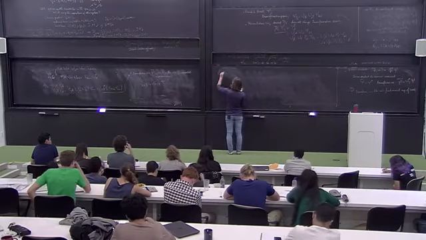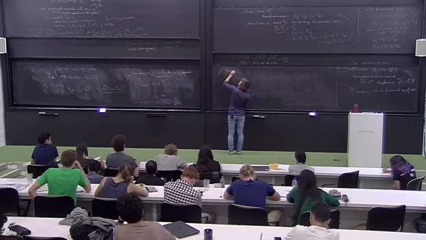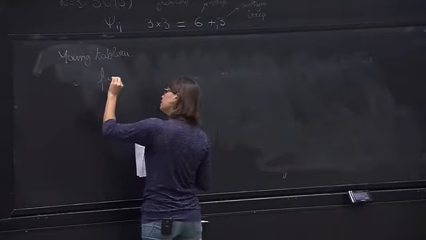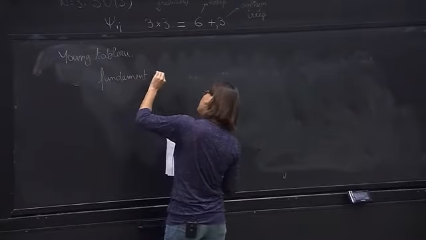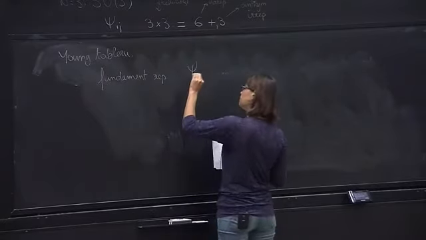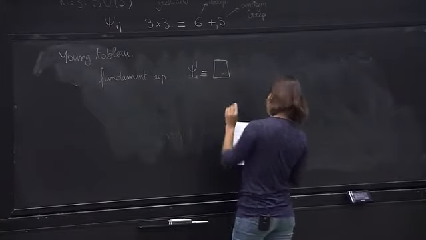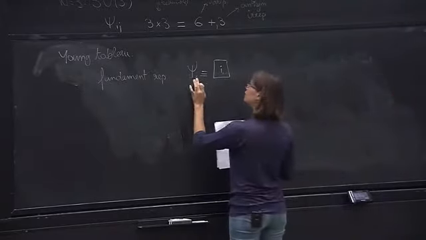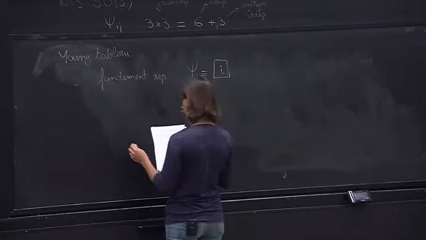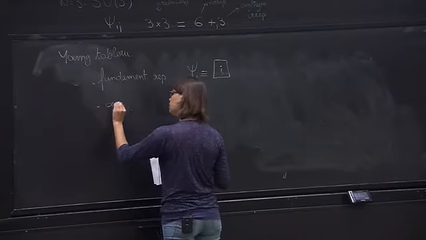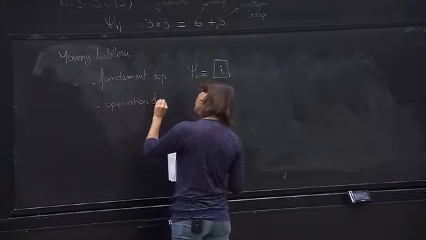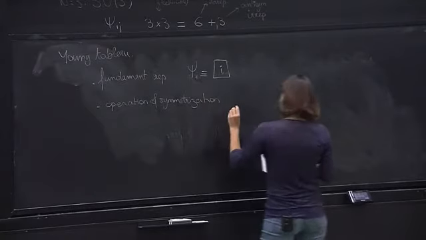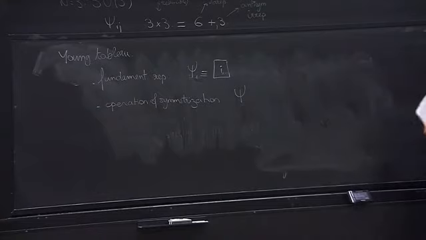So, in terms of Young tableaux, the fundamental representation will be represented as this nice just square with this i component, and then we need the operation of symmetrization. In the literature, you usually don't really use a new letter like here.